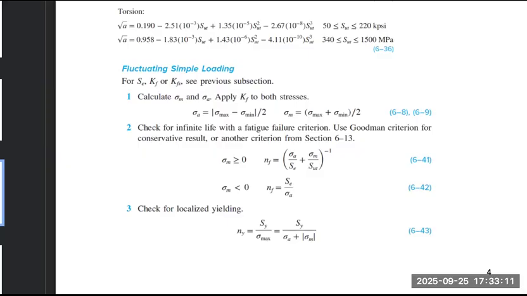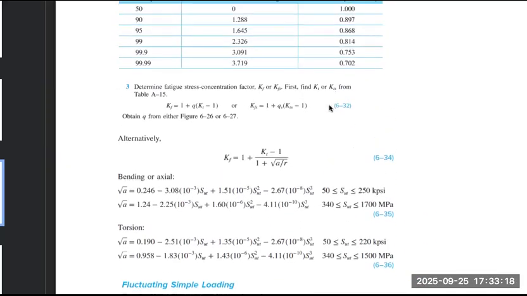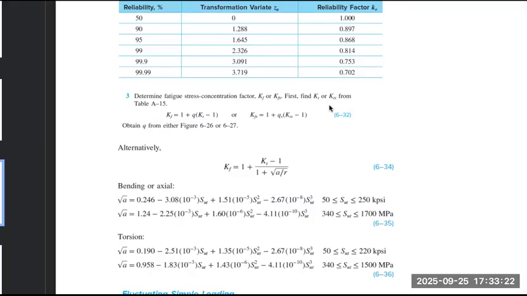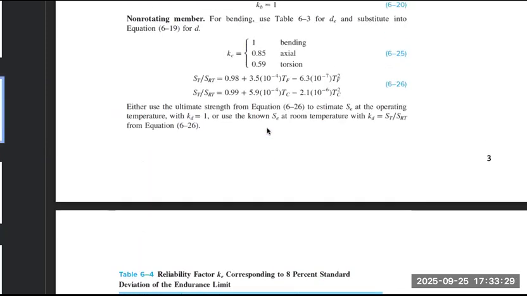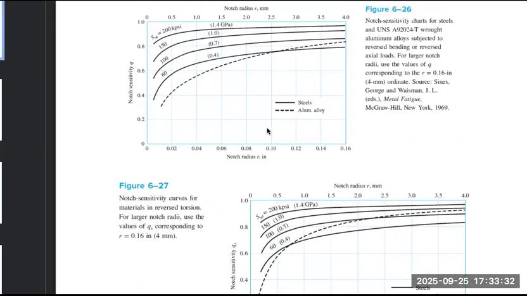Over here, we don't have a kf factor because we assume that kf is equal to 1, I think, because the notch sensitivity q here does not exist, because there isn't really a notch radius.